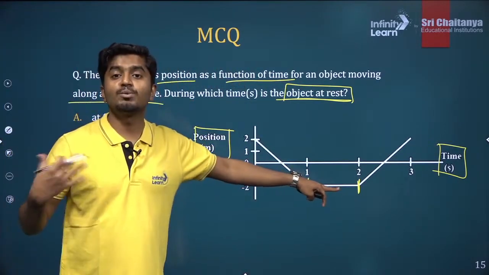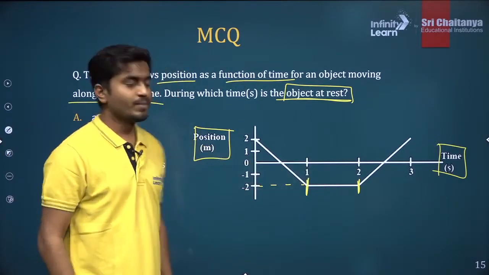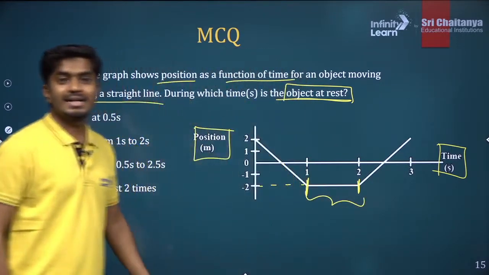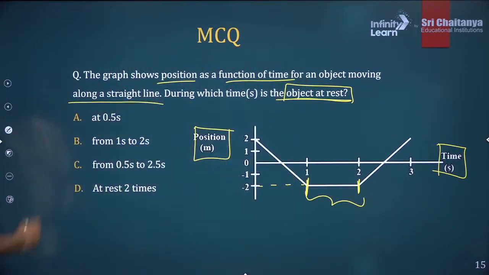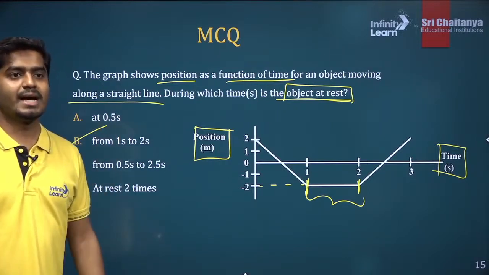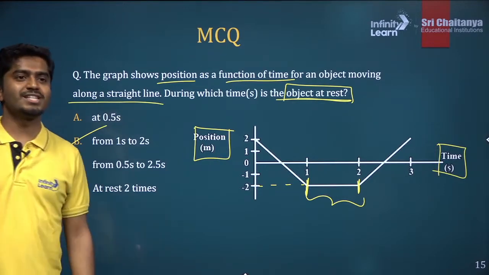Object is not moving from t equal to 1 second to t equal to 2 seconds. So in this duration, the object is at rest. That is option number B. Clear? Nice, Veer Singh, correct.